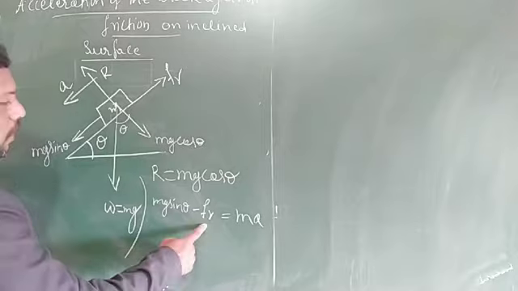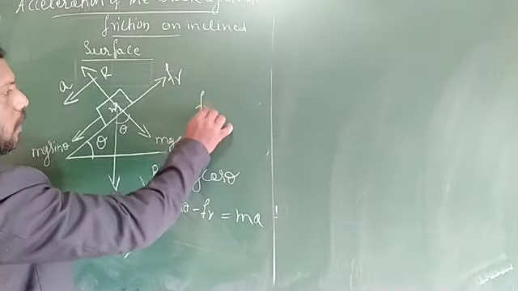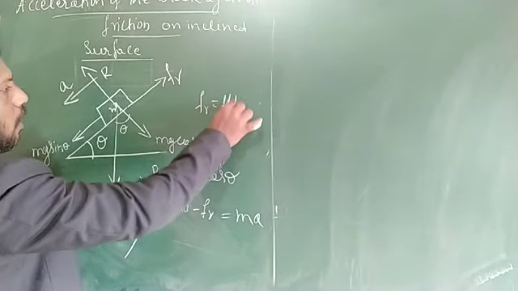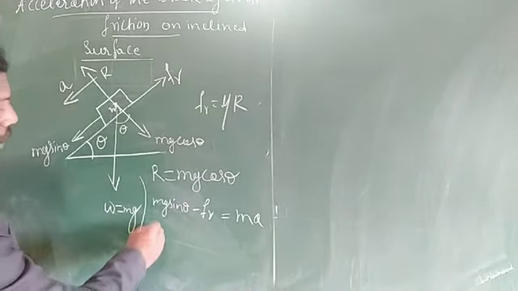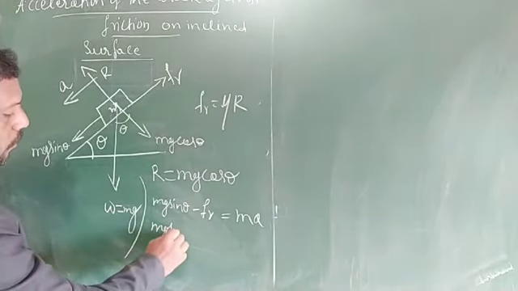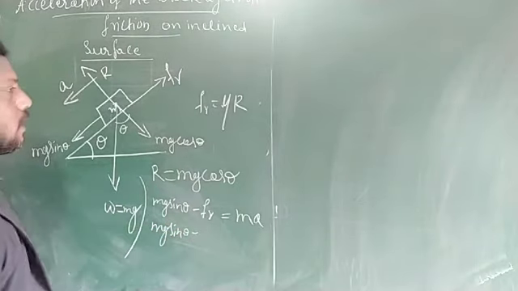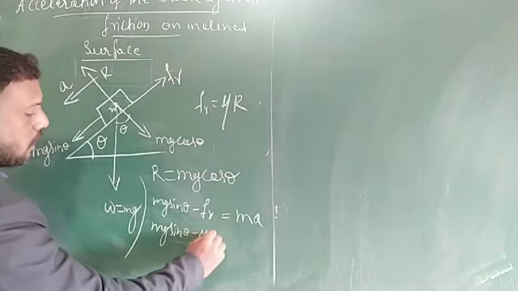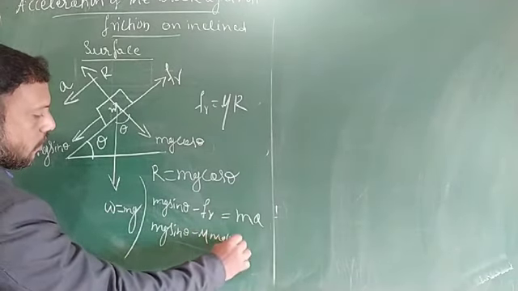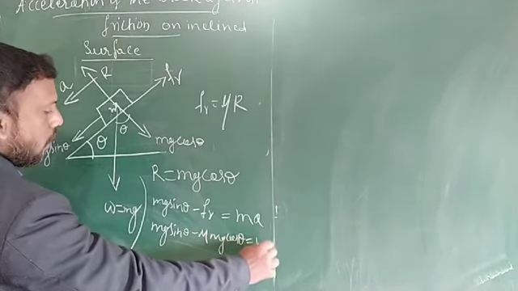We know that f of r is equal to mu into R. Substitute the R value into this equation. Therefore, mg sin theta minus mu into R, where R is mg cos theta, is equal to m into a.